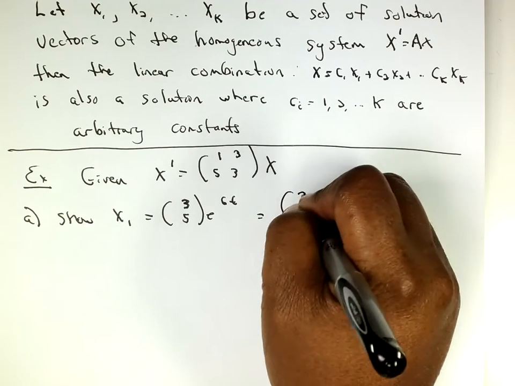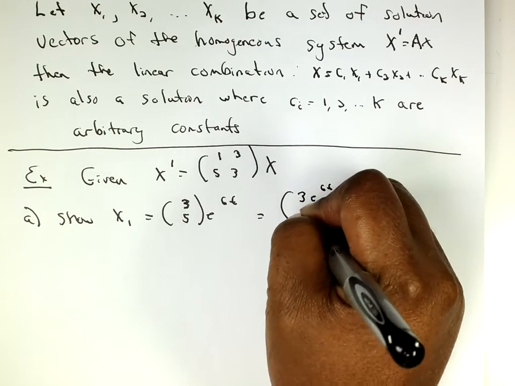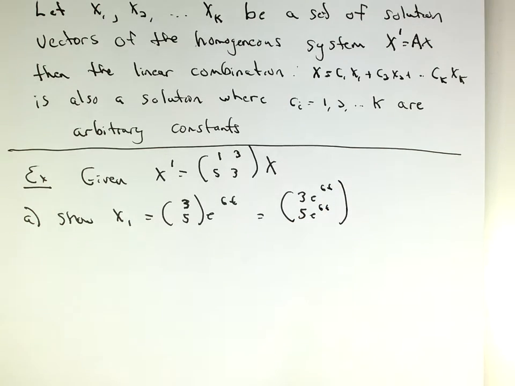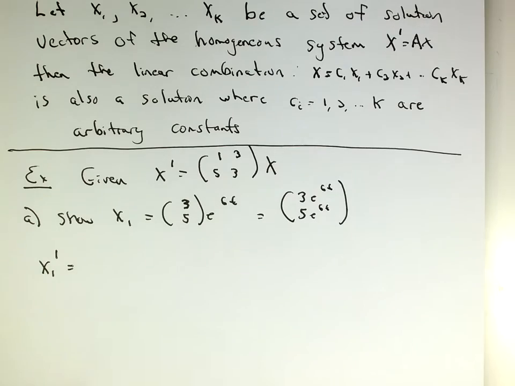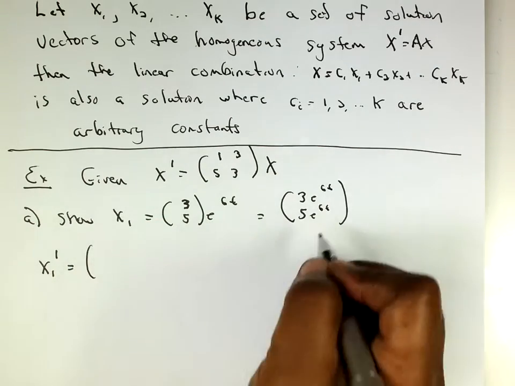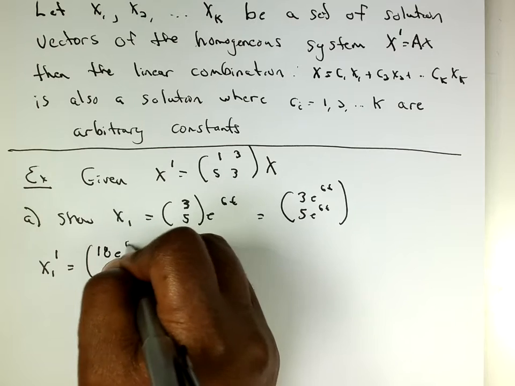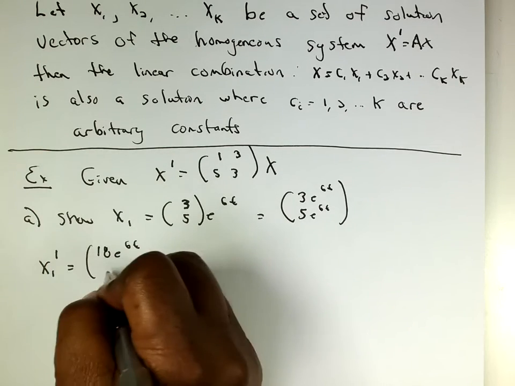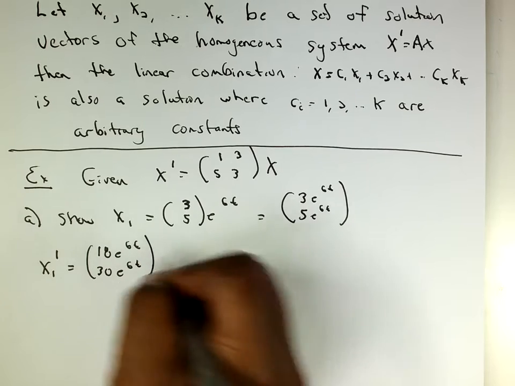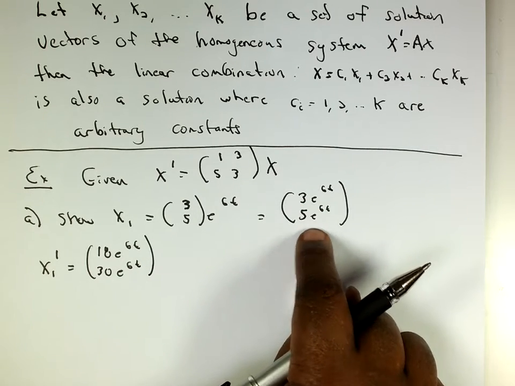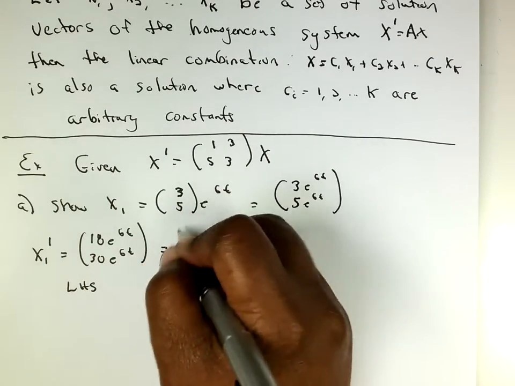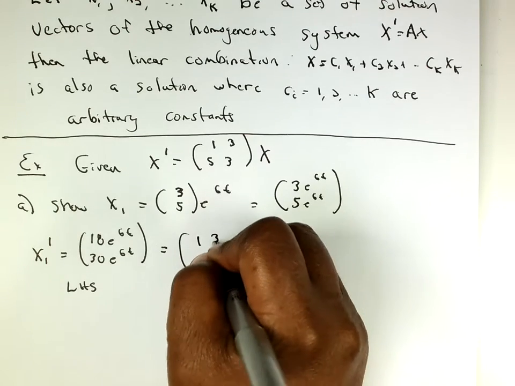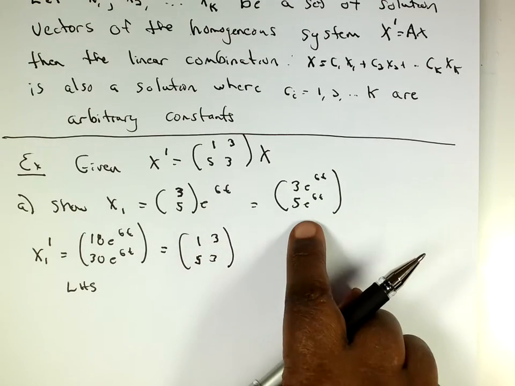So first, I want to rewrite this by distributing that e to the 6t to both the terms. On the left hand side, I need x1 prime, and that's going to give me 18 e to the 6t and 30 e to the 6t when I take the derivative of each of these entries. That's the left hand side. And then on the right, we have this coefficient matrix times x, and here's my x.